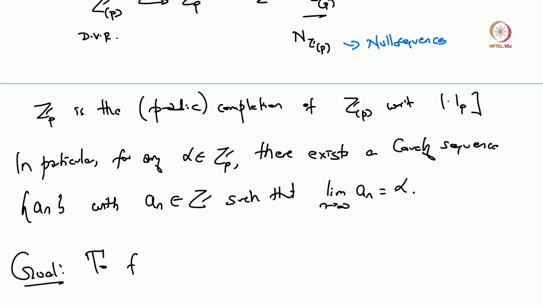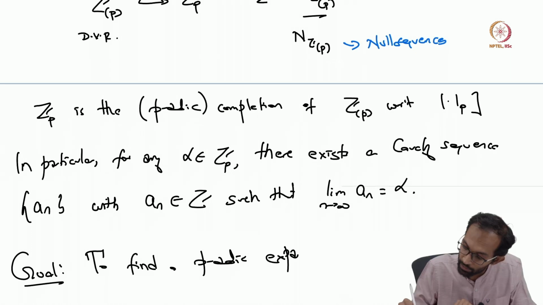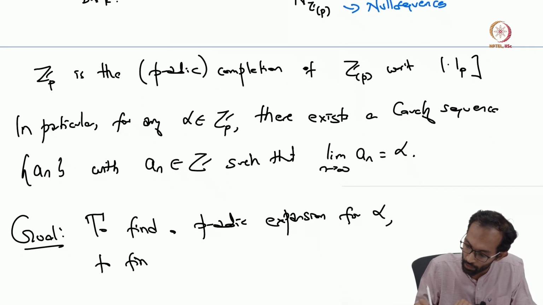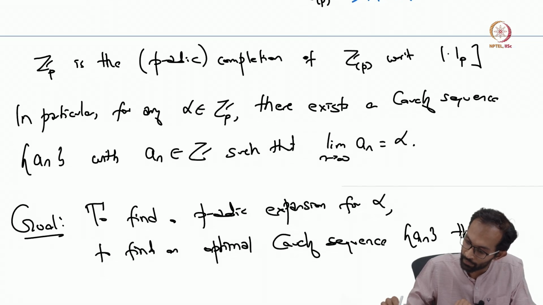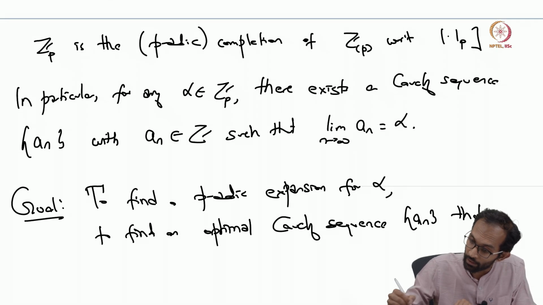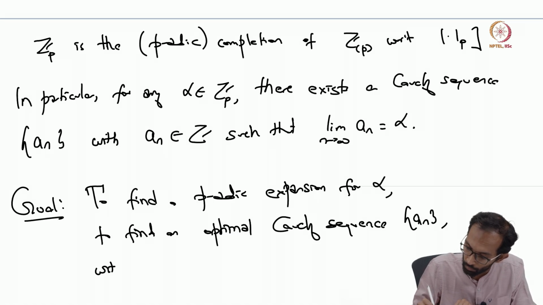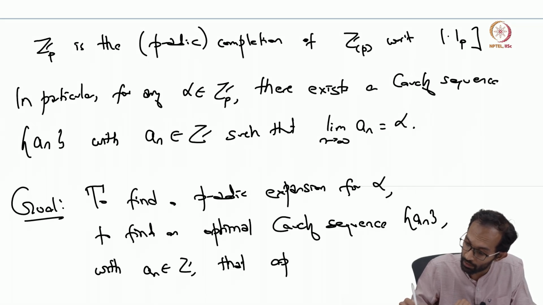Okay, and so the goal, to find a p-adic expansion for alpha, is really to find an optimal Cauchy sequence a_n, where all these a_n are in Z, so that they approximate alpha.